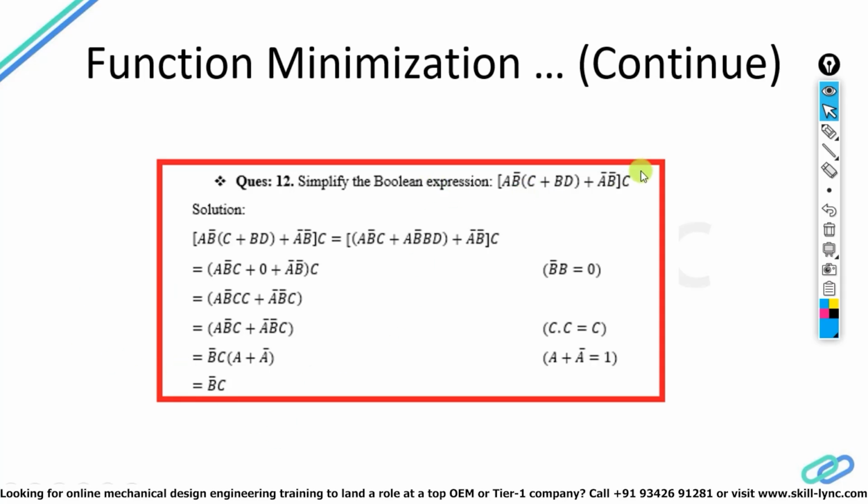You can easily judge that this question involved so many gates, but at last we have only 2 gates. One is the NOT gate, just for b bar, and second is the AND gate for the dot sign. Nothing else. It is B bar C. And the original expression will take so many gates. Each and every gate is no doubt costly and makes the circuit more complex, because actually wires make the circuit complex.